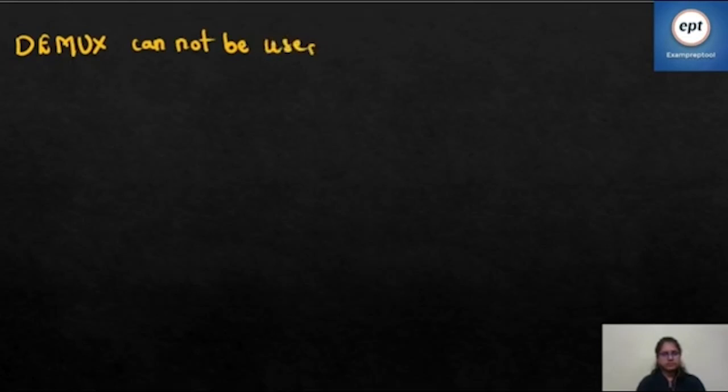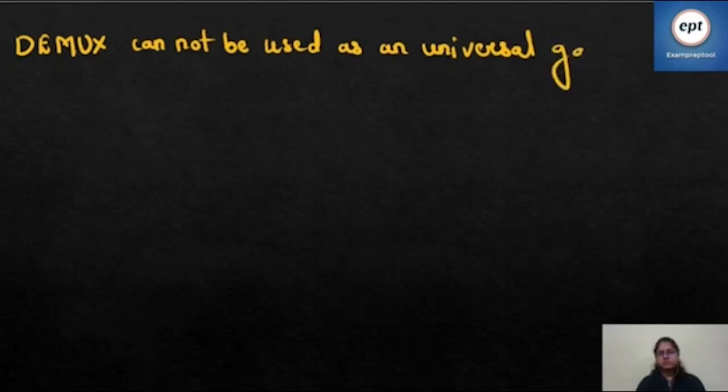The demux cannot be used as a universal gate. Why?